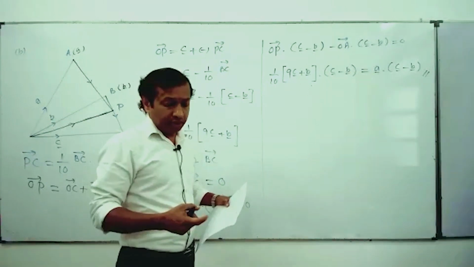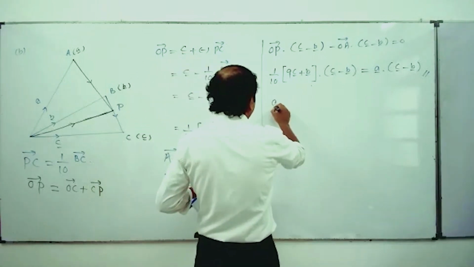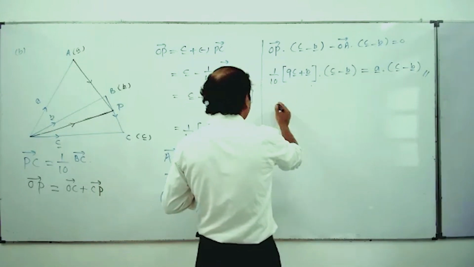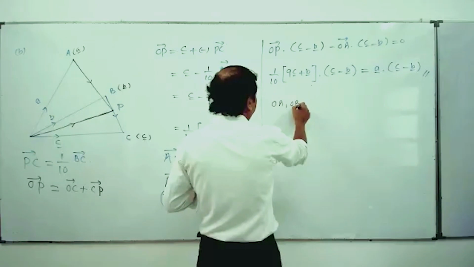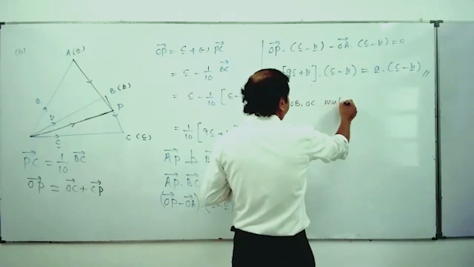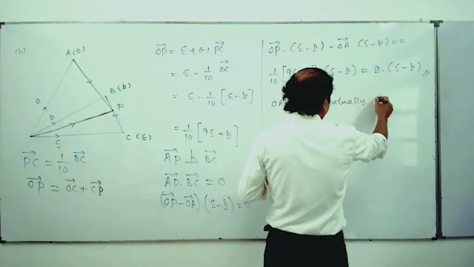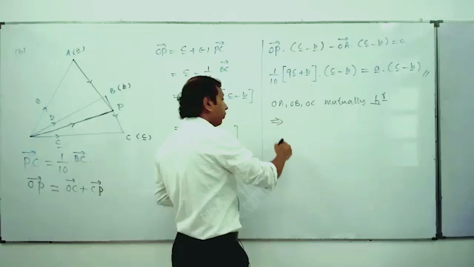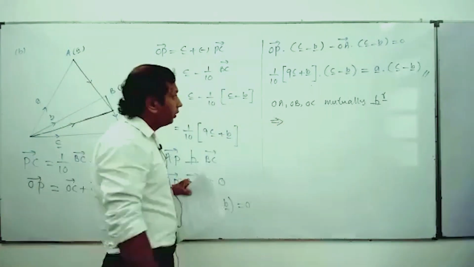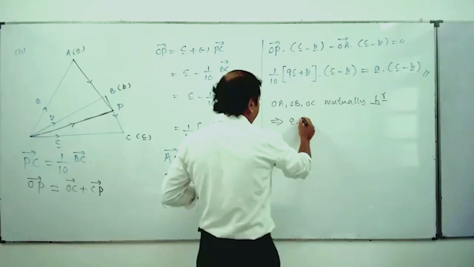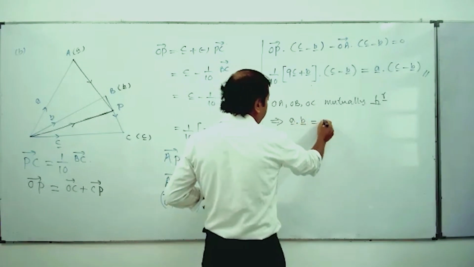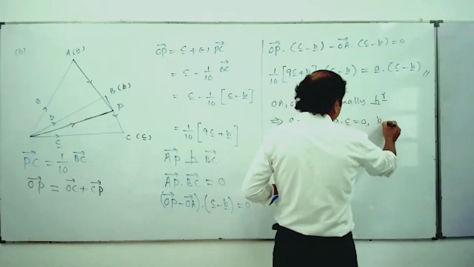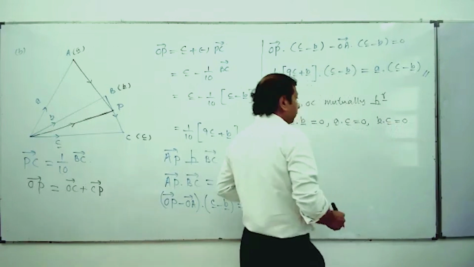So a dot b is 0, since a and b are perpendicular. Then a dot c also 0, and b dot c 0.